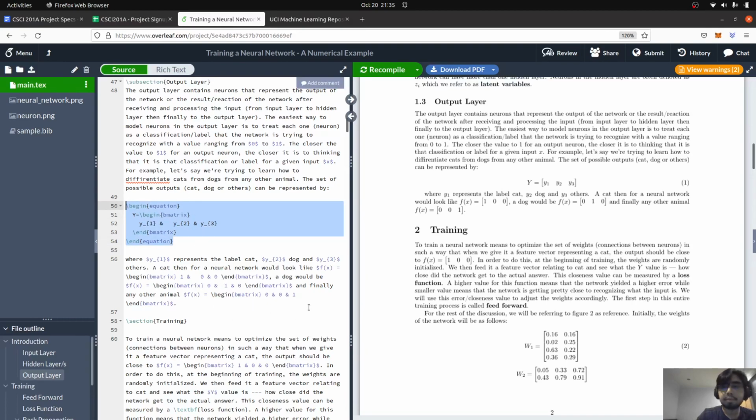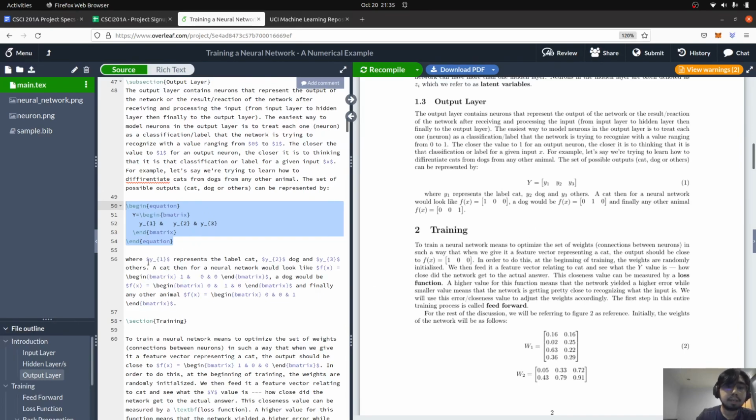Okay. Now, at some points, you might want to describe the different sections of your equation. For example, in here, we have what y1 is, what y2 is, and what y3 is, as well as a numerical example. These equations are embedded inside your paragraphs, or they are in line with the content of your paper.